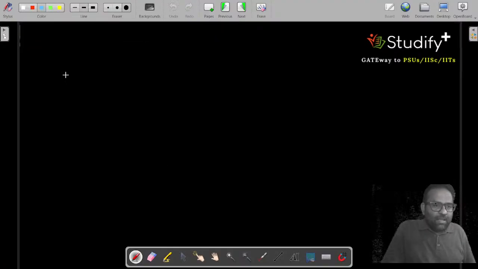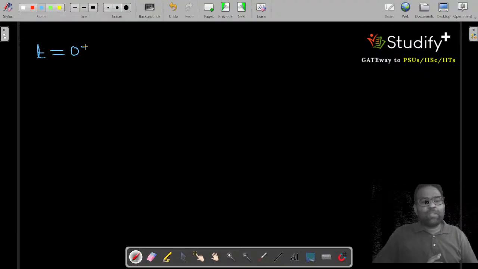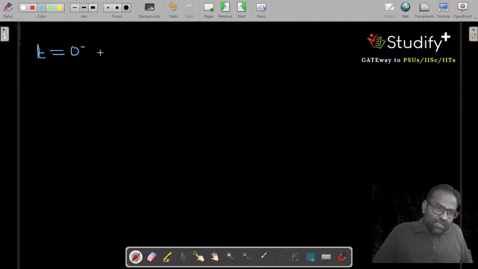There is one more thing which is known as t equal to 0 minus, and this condition represents just before switching.